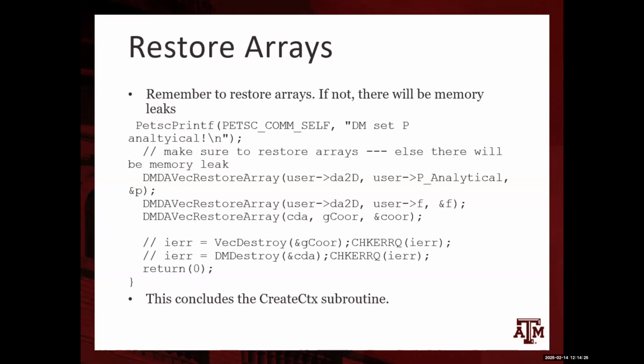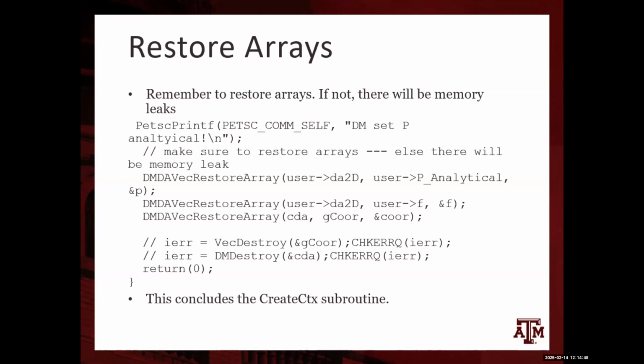If you don't, you're going to get a memory leak. So copy and paste, and that basically concludes your subroutine. Do a restore array for your P analytical, for F, and also for your coordinates.